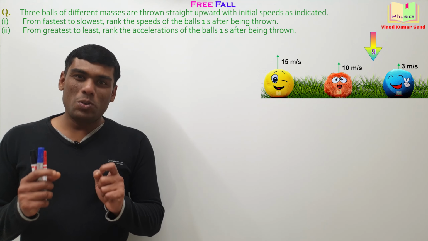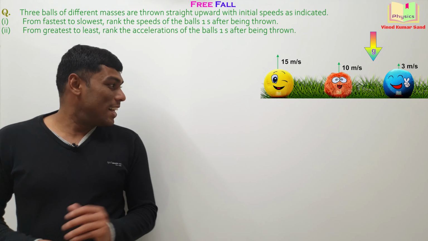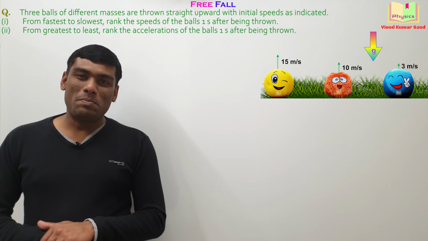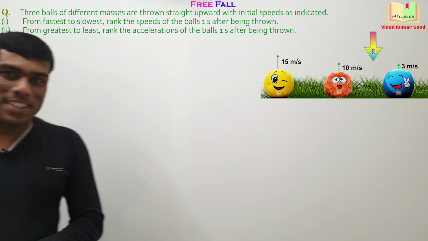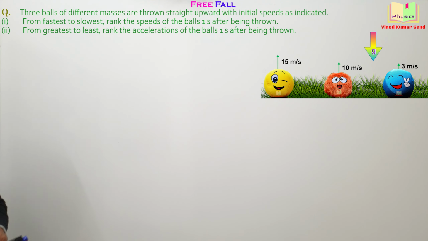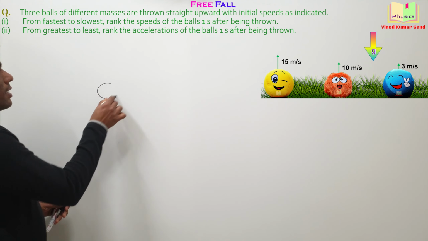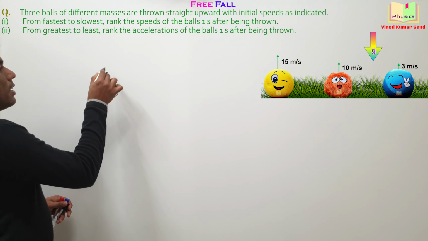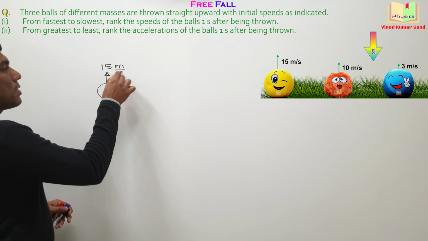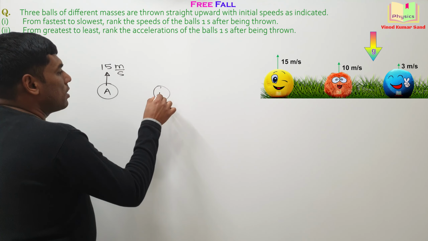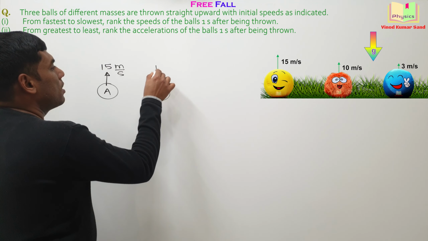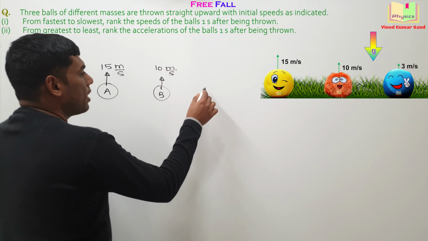If you understood all the previous concepts very well, you can easily answer this problem. Give it your best shot. I am awaiting your answers. Okay, I am simplifying things. Ball A has an initial speed of 15 meter per second in the upward direction. Ball B has an initial speed of 10 meter per second in the upward direction.